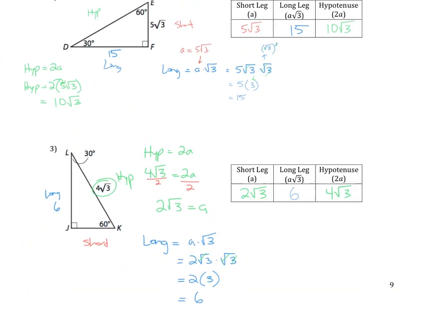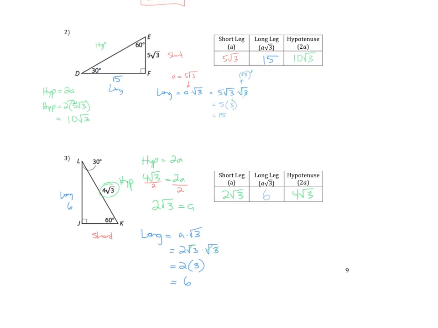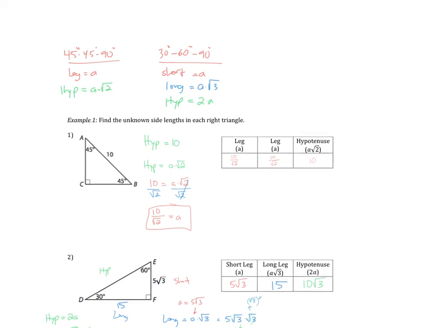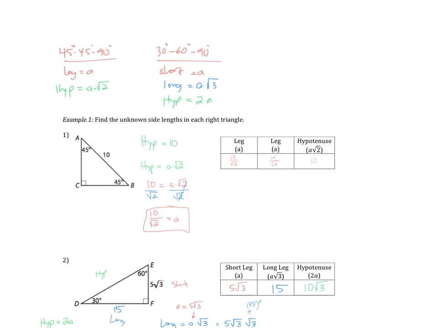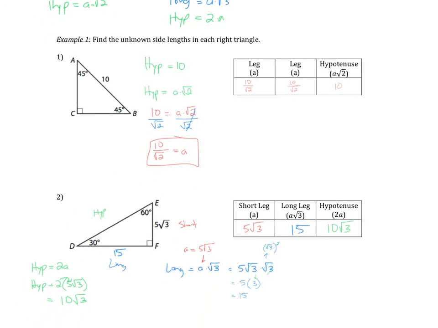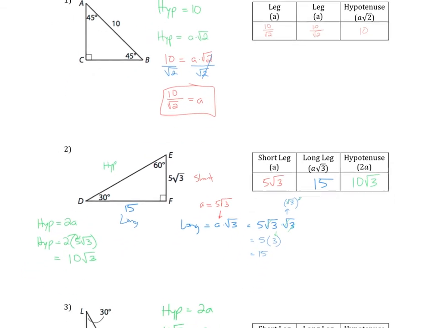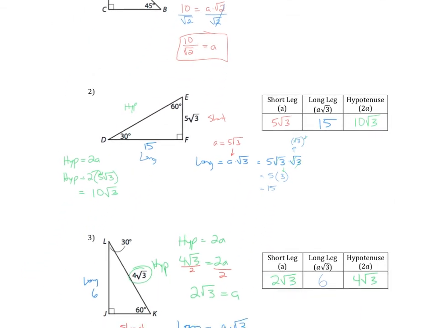And there we go. Okay, it's nice because if I remember these shortcuts, these relationships with a and a square root 3 and 2a and a times square root 2 for the 45, 45, 90, I don't need to use the trig to find those side lengths. Okay, you still can if you ultimately forget these, but they're kind of nice to know and they're really convenient as you move forward.